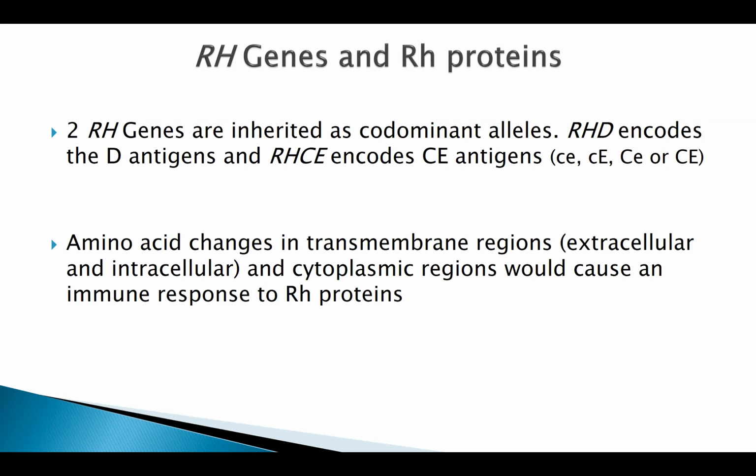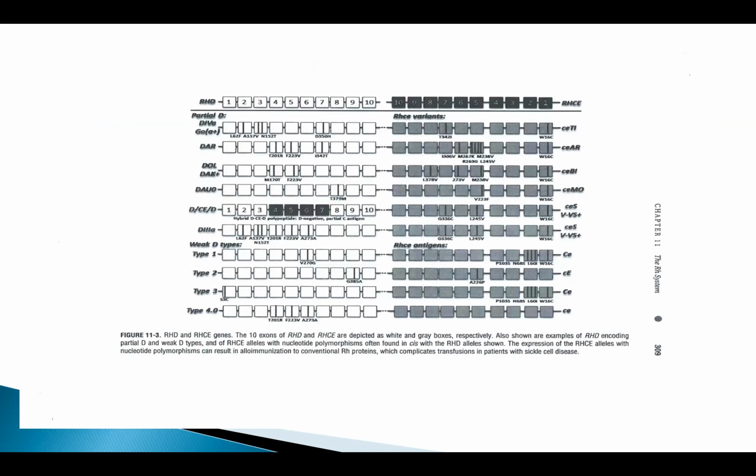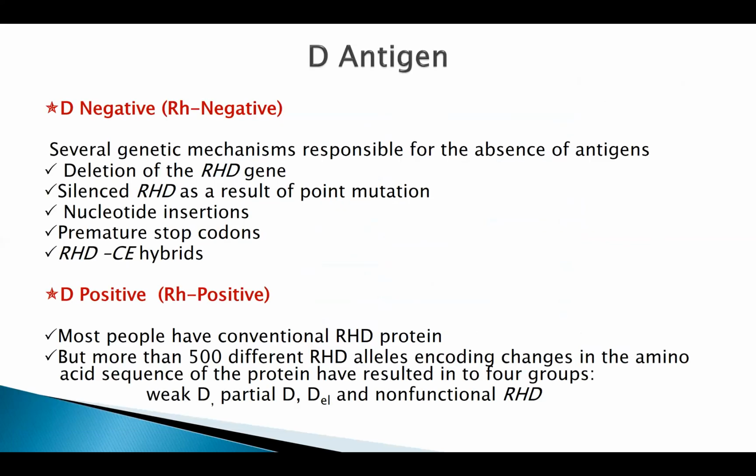The different variants, of course, the weak D and the D negative: there are several genetic mechanisms responsible for the absence of the antigen, such as deletions, point mutations, and silent RHD alleles, that eliminate the D antigen and produce D negative individuals.